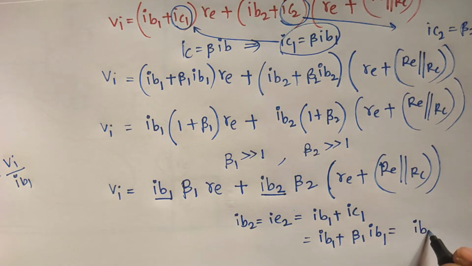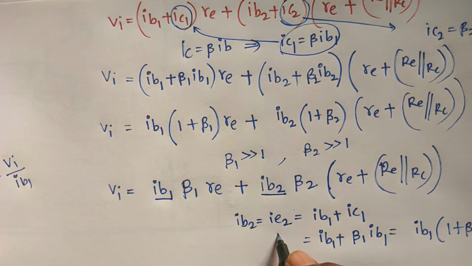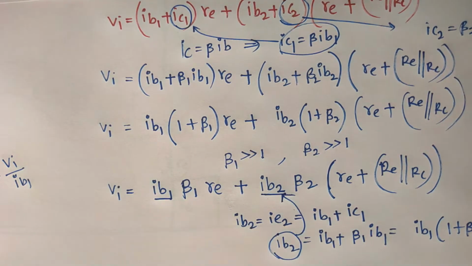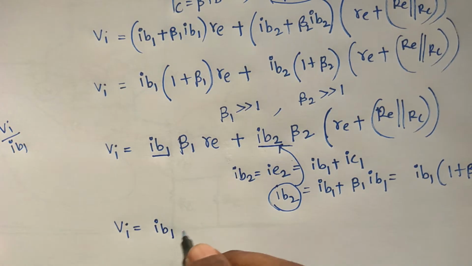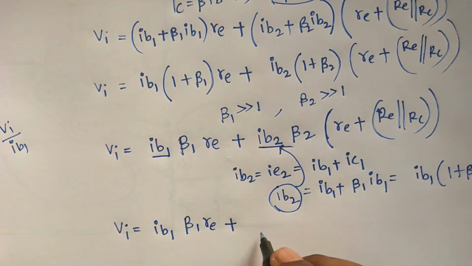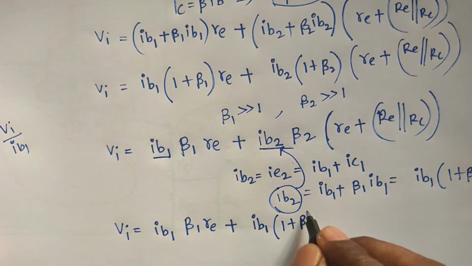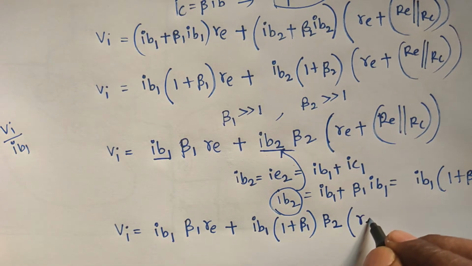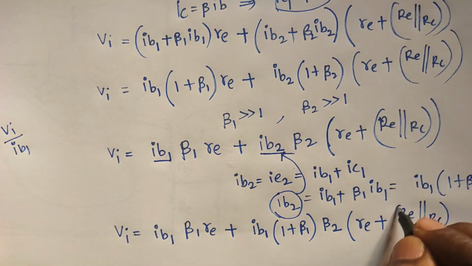So here IB1 is common, that is 1 plus beta 1. That value is IB2. Okay, so this IB2 is substituted in this. Finally, VA is equal to IB1 beta 1 RE plus IB2, that is IB1 into 1 plus beta 1, into beta 2 into RE plus RE is parallel with RC.